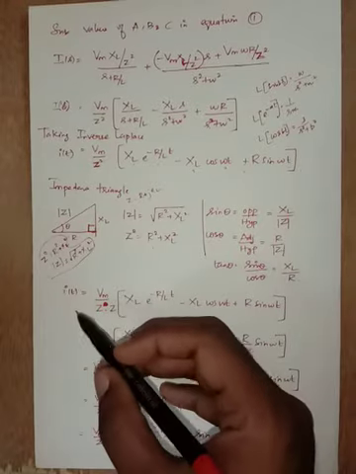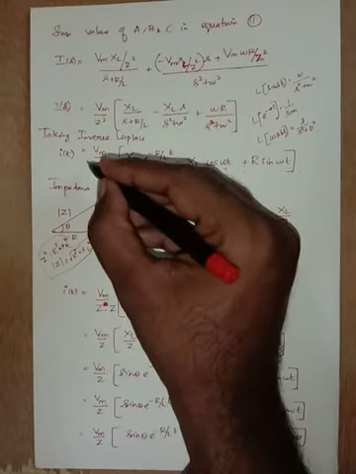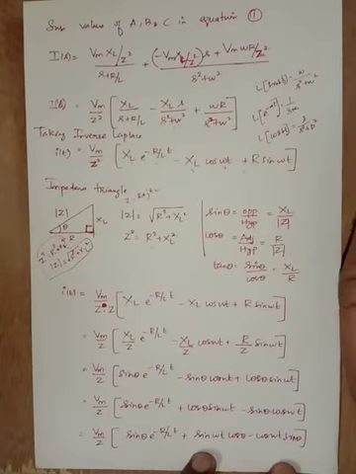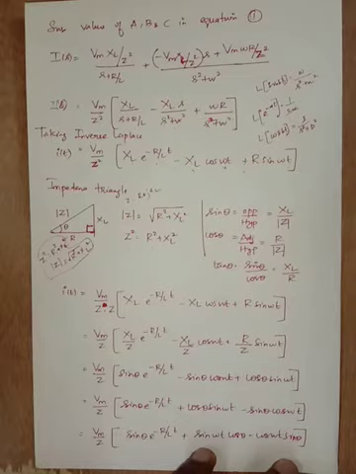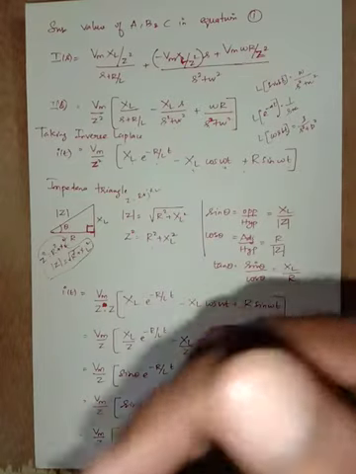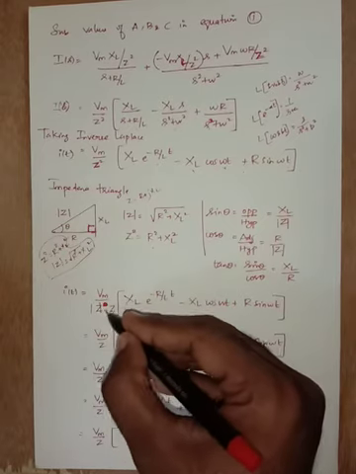Now I of t is equal to Vm divided by z square. I can simply write it as z square, which implies mod z square. So Vm divided by z square can be written as mod z multiplied by mod z.